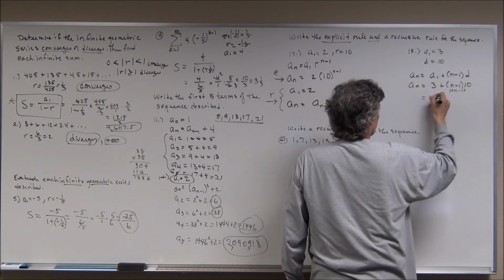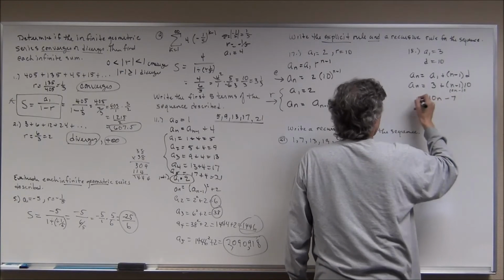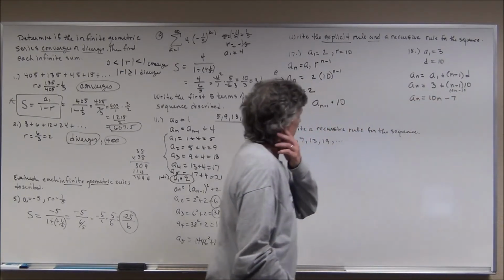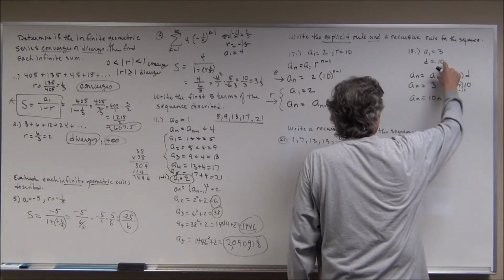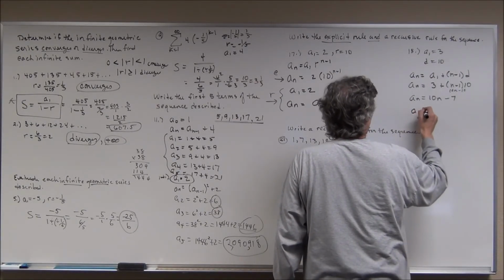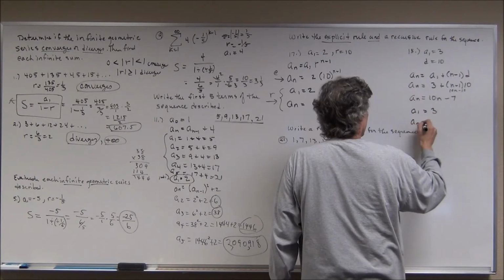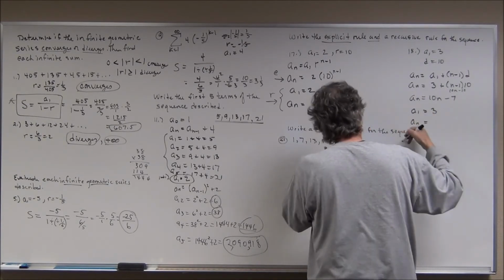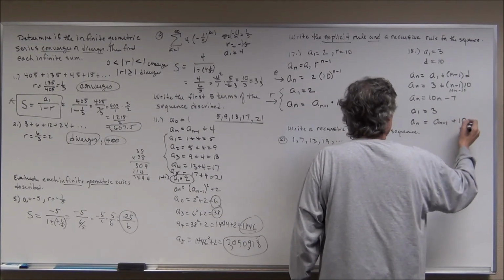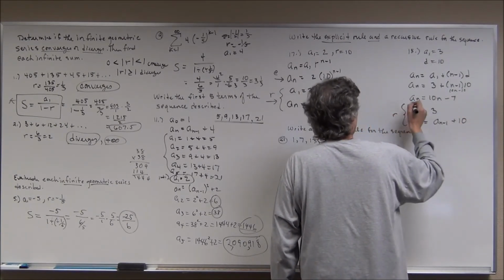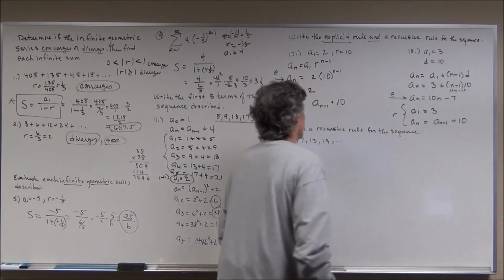So I'm going to kind of cheat here and write it quickly, that a sub n is equal to 10n minus 7. So what's happening each time is that you're adding 10. So recursively, a sub 1 is 3, a sub n is equal to whatever the term before that, a sub n minus 1, and then you add 10 to it. So this is the recursive, and this is the explicit right there.